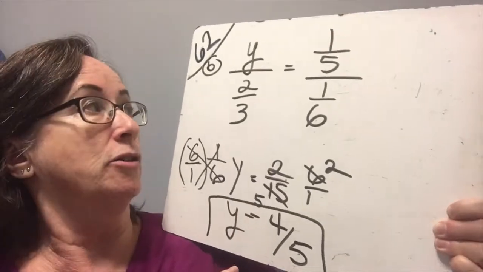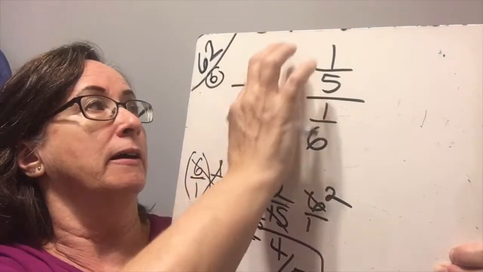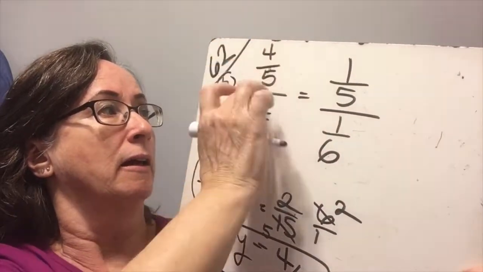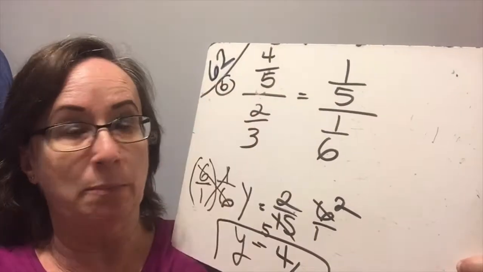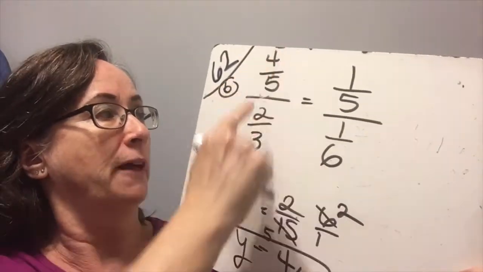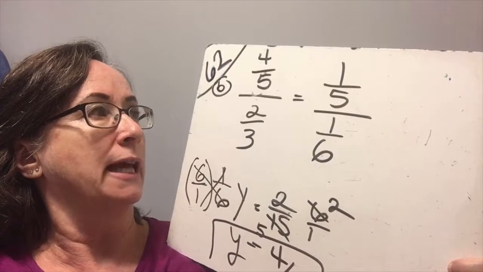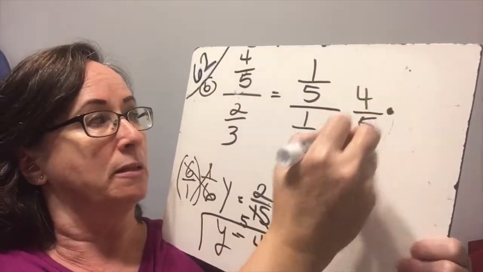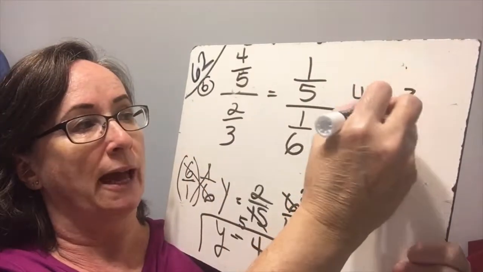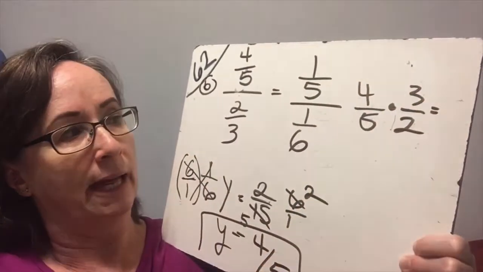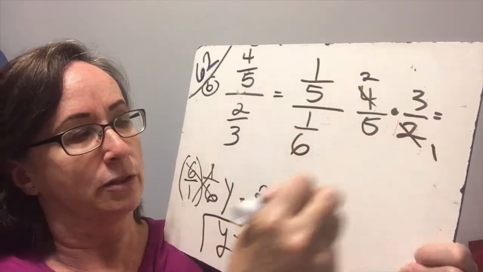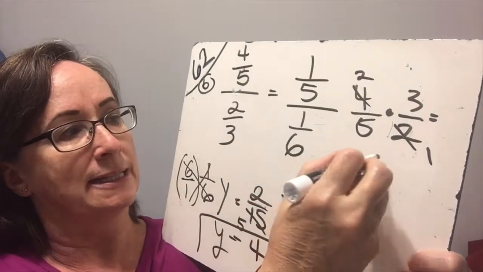So now let's go back and see if y is 4/5 is the true solution. The last one we did with cross multiplying, so let's just simplify this one. 4/5 divided by 2/3 is 4/5 times the reciprocal, which is 3/2. Okay, so the 4 and the 2 will cancel with the 2 and a 1, and I get 6/5.